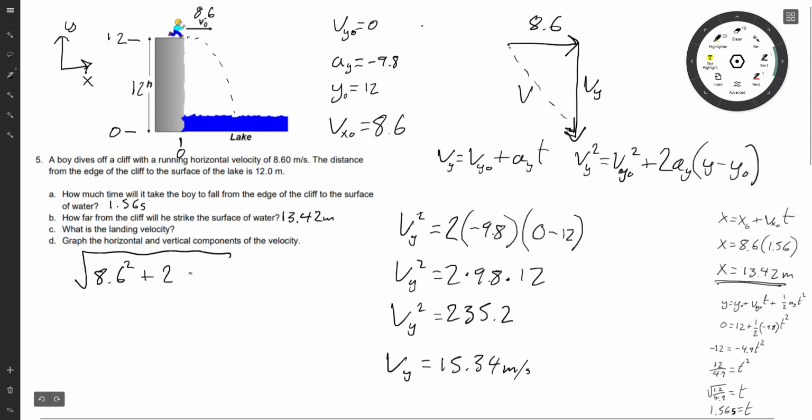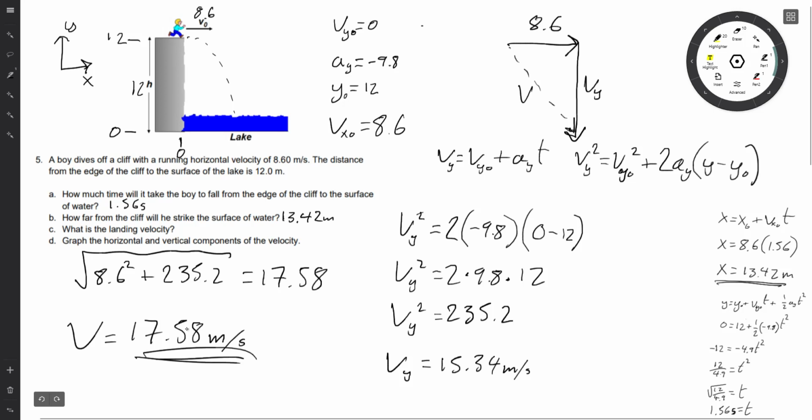It's kind of nice that we've got this 235.2, which is really this already squared. So that's why you don't see the squared here. And that ends up being 17.58. So 17.58 meters per second is our actual velocity. That would be v. Our actual velocity is 17.58 meters per second. And that's going to be this guy here.